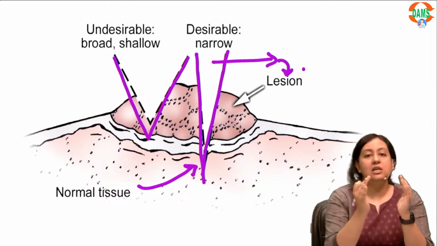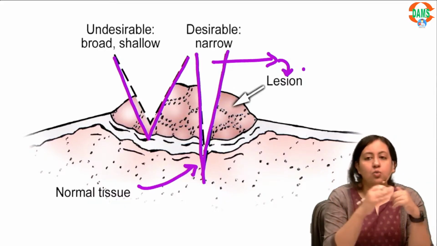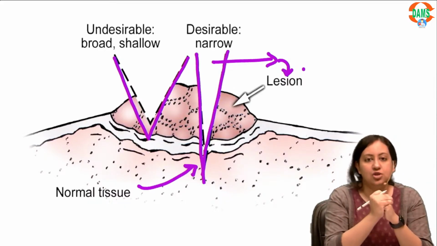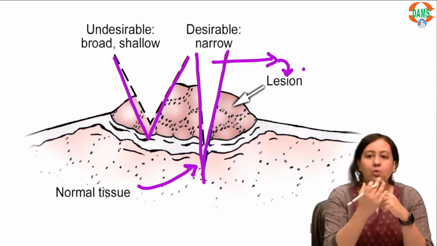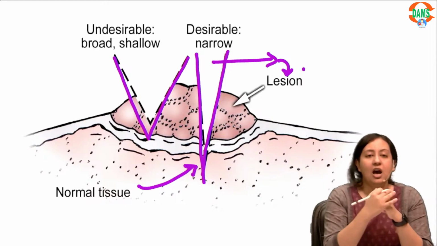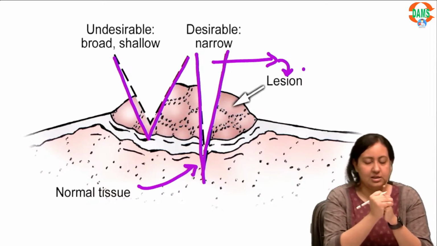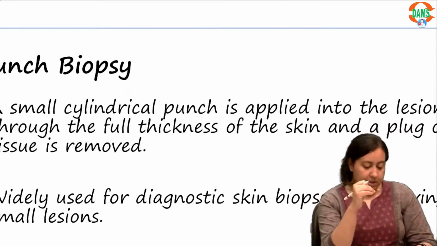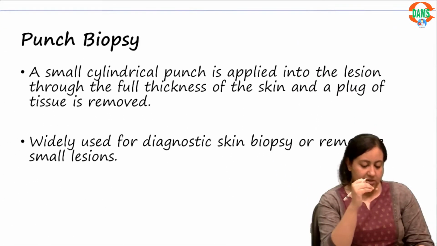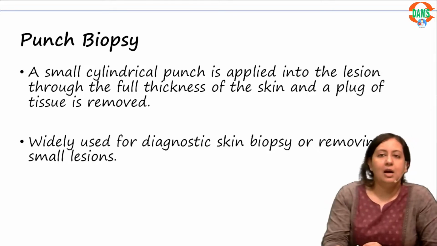In case it is shallow and wider, you will miss out on your normal tissue and you will not be able to include normal tissue for comparison, and you will not be probably able to arrive at the correct conclusion after doing the histopathological examination. All right, now let us see the next type of biopsy. Under incisional biopsy, we have something known as the punch biopsy.